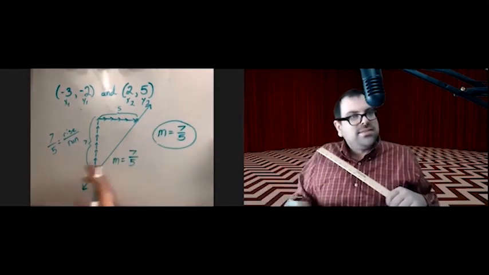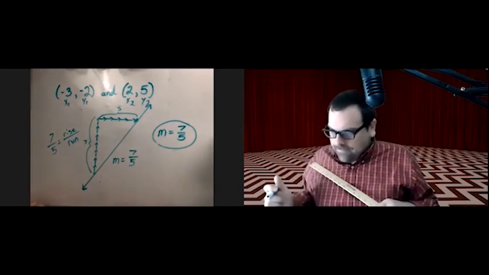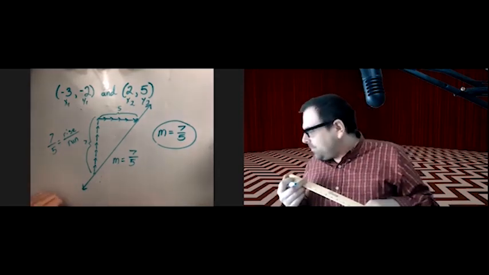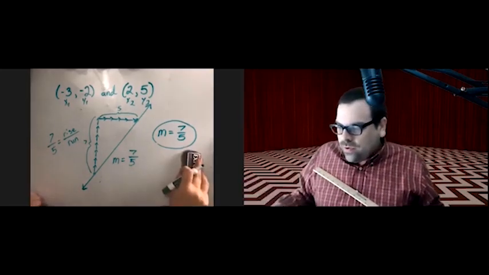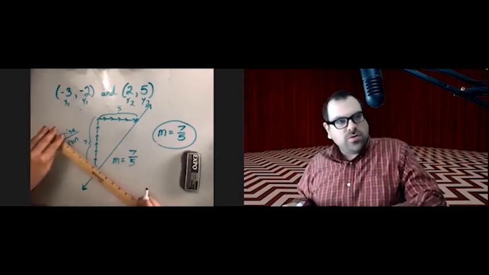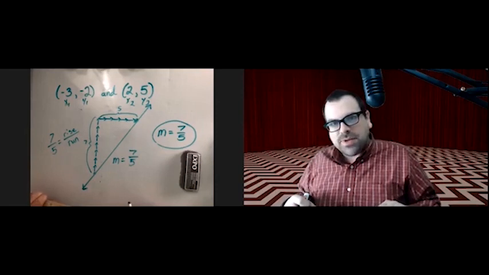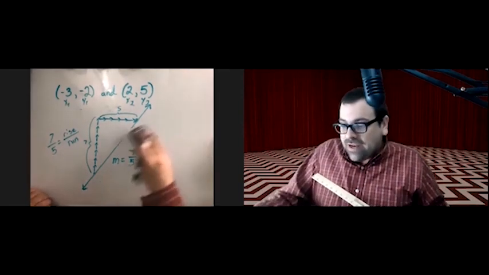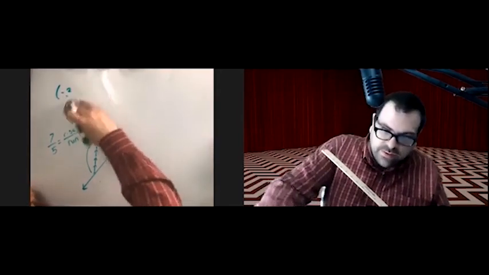It rises from left to right. A positive slope. So a negative slope, one that falls from left to right, maybe it stands to reason that it's called a negative slope because we're going to get a negative m. Well, let's find out.